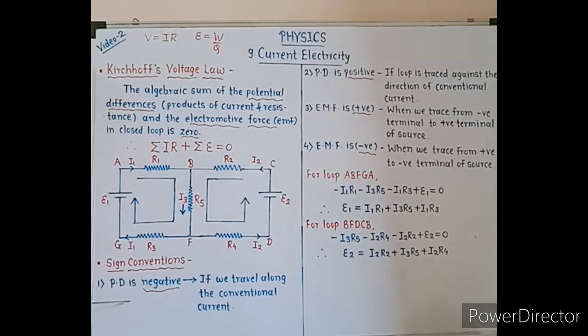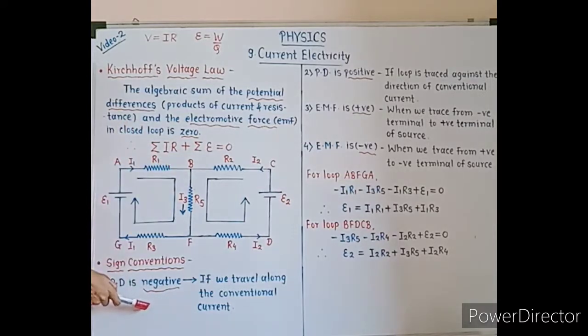Now the first sign convention: potential difference is negative if we travel along the conventional current. That means the direction of conventional current and our travelling path are the same, then potential difference V is negative.